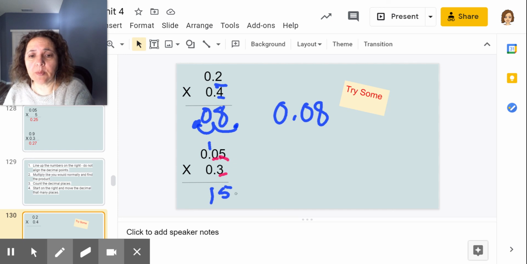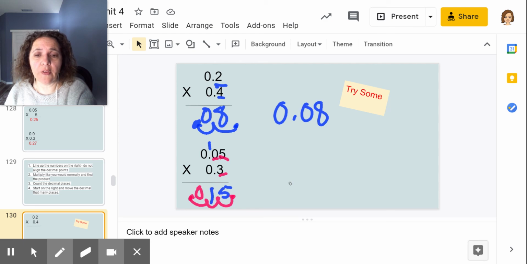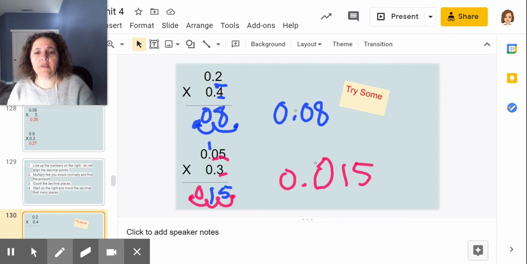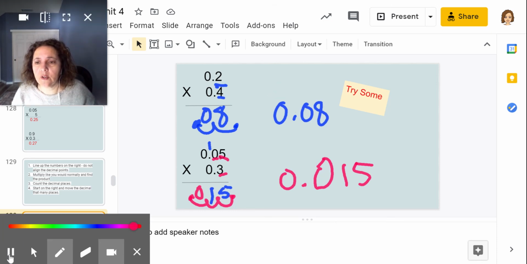I'm going to add my decimal at the end, and I'm going to move it 3. 1, 2, 3. And remember that I'm just using that as a shortcut, but really what's shifting are the numbers. So my answer is going to be 0.015, 15 thousandths. Okay, that's my answer.